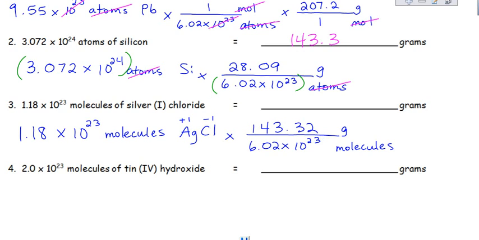All right, let's see what we can cancel here. Molecules and molecules, yes. And they are both 10 to the 23rd. Just makes it a little easier to put in your calculator. 1.18 times 143.32 divided by 6.02 for about 28.1 grams.